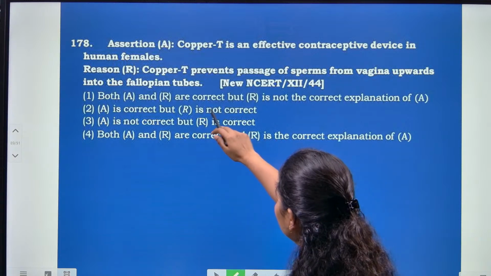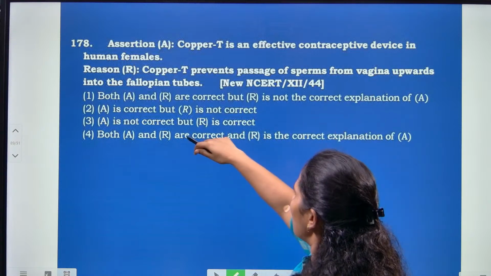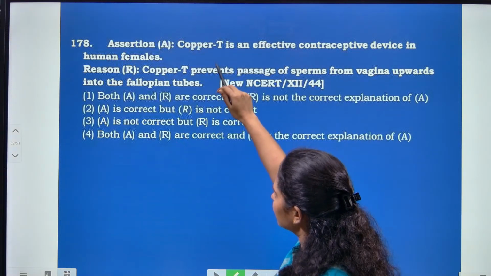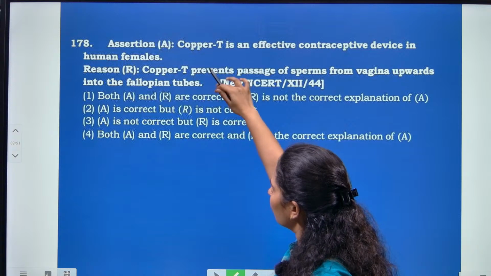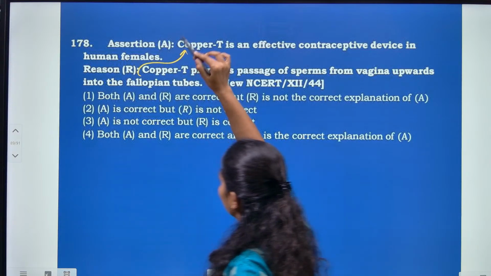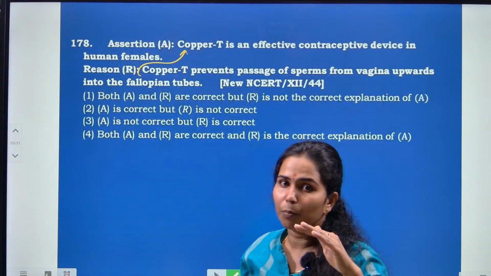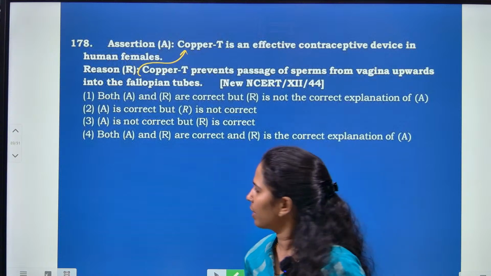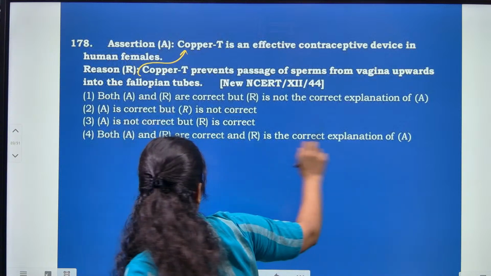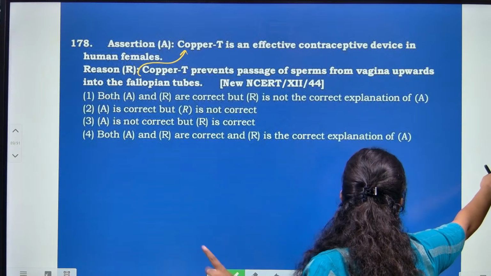And yes, the copper T prevents the passage of sperms from the vagina upward towards the fallopian tube. Assertion and reason, yes, both are correct, but the reason is not the correct explanation for the assertion here. Okay, so it suppresses the motility of the sperm here, right? It is the main function of the copper ions which are present on the copper T IUD here, right?